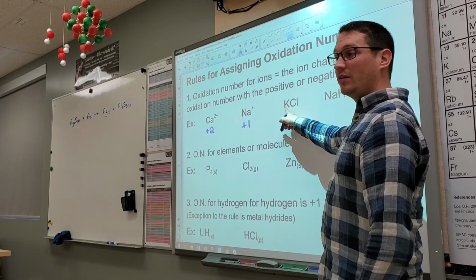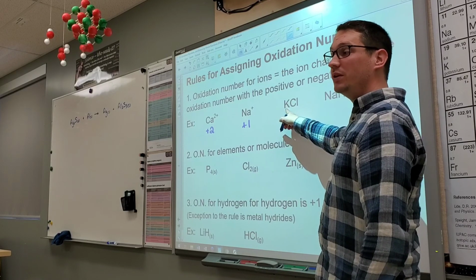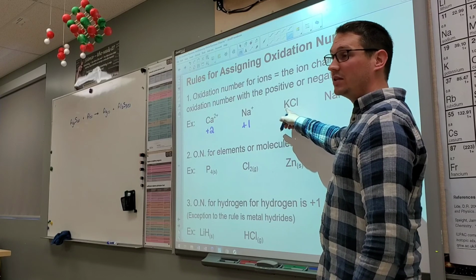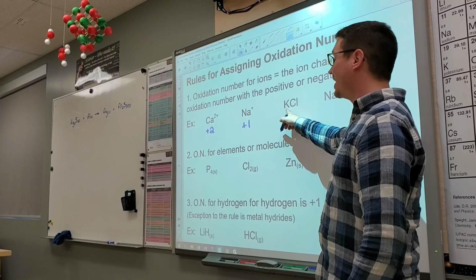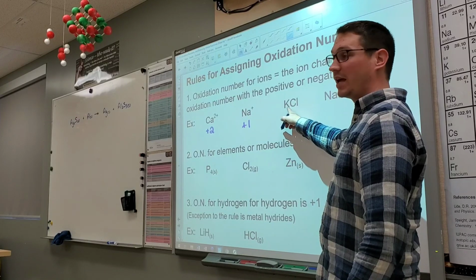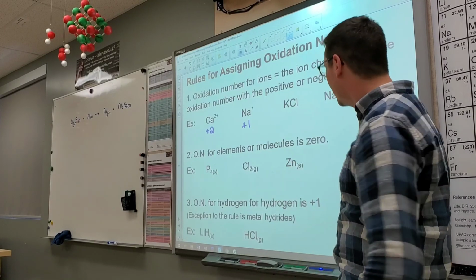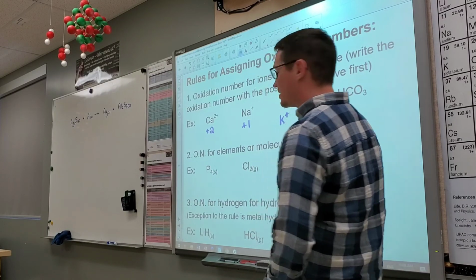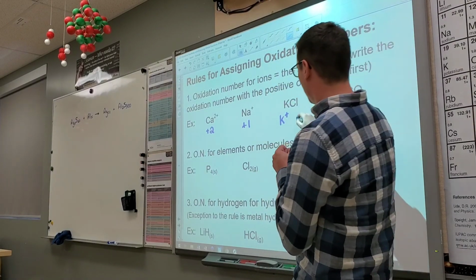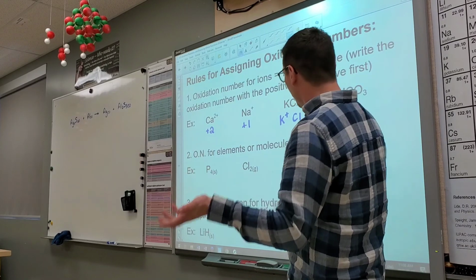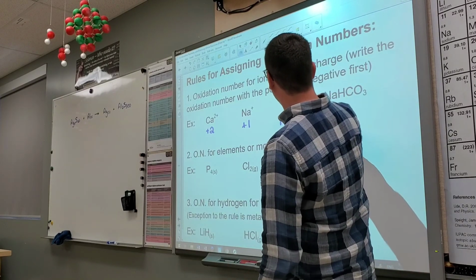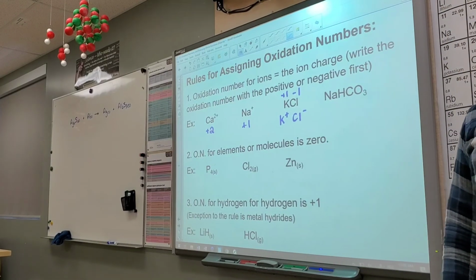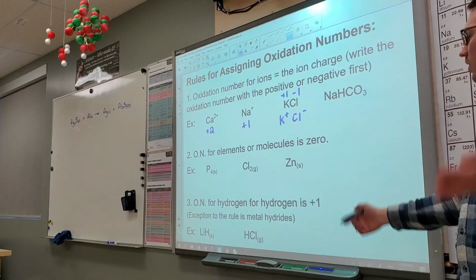If you cannot convince yourself that that's a positive ion, you need to stick around at lunch, or you need to talk to me, because you're about to enter a world of hurt if you cannot recognize an ionic compound. Okay, so this K is really K plus, and the Cl is really Cl minus. So that K is +1, and that Cl is -1. Does that make sense? They're ions in an ionic compound.